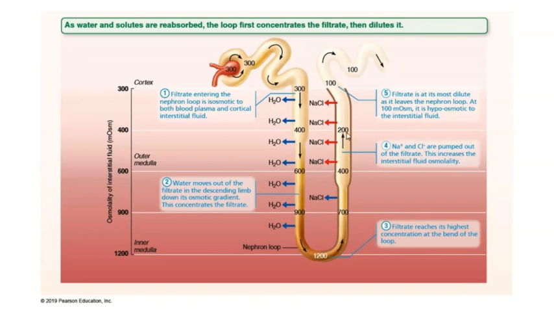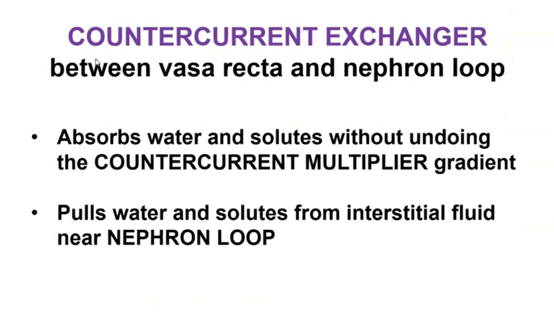So by the time the filtrate leaves the nephron loop and enters the distal convoluted tubule, it's very dilute. It's more dilute than the filtrate that initially came out of the blood. That's a really interesting ability of the kidney, to be able to create a filtrate that is much lower in concentration than our tissue fluids are.